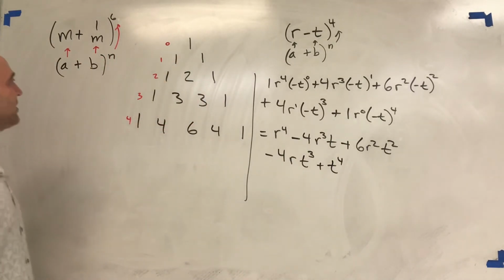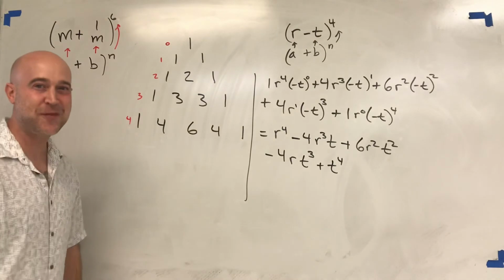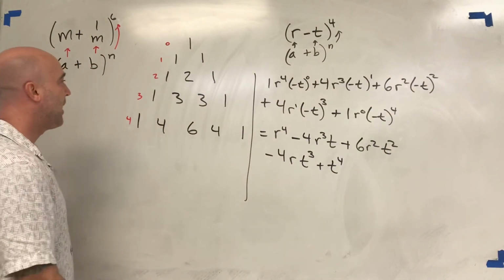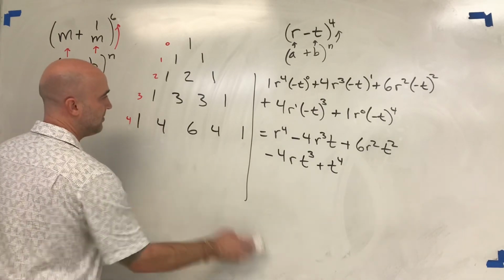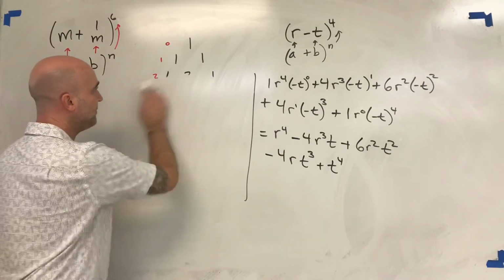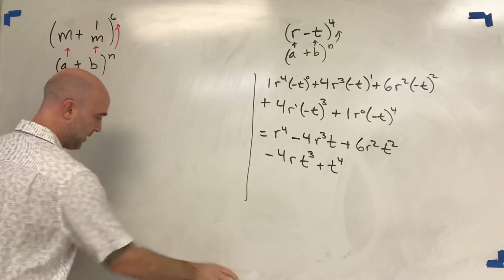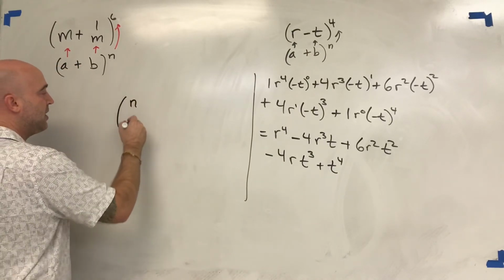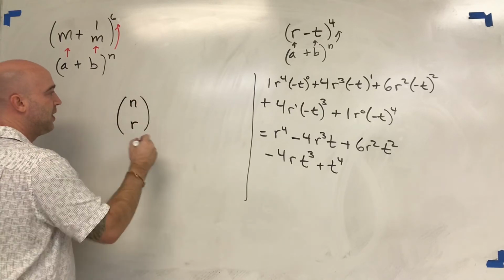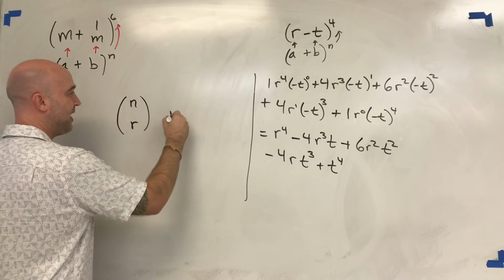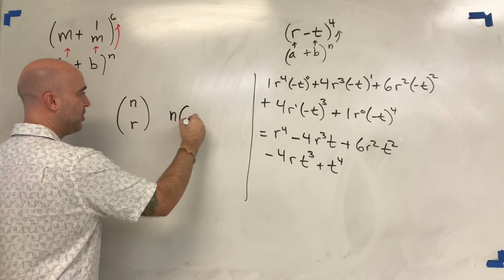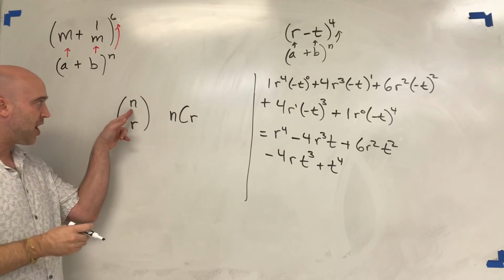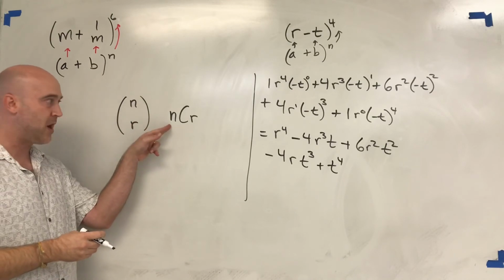One other thing I want to go into is the choose formula. Since it got brought up on this one, I'm really big on formulas. That makes it a little bit easier. So the choose formula, if I have n choose r, sometimes they have it written differently. I like to think of it as whatever's on top is also in front.